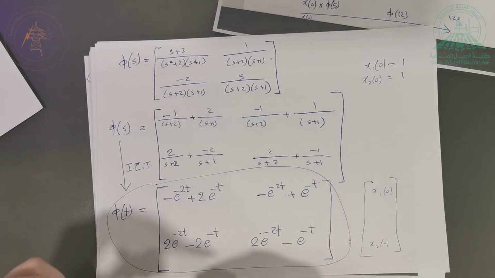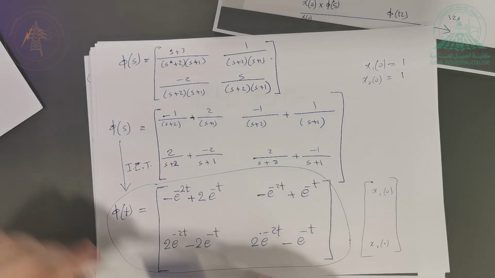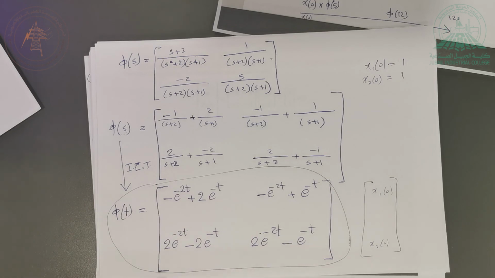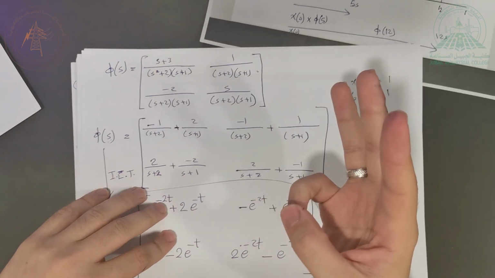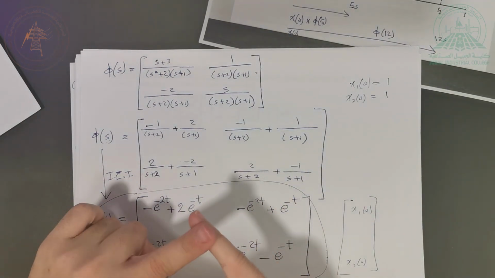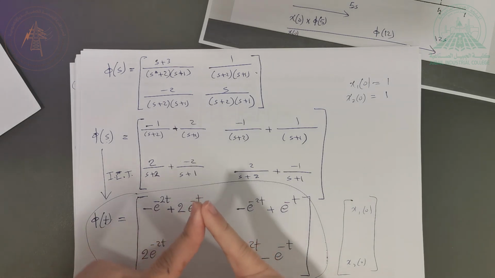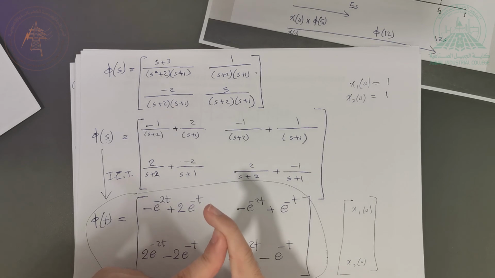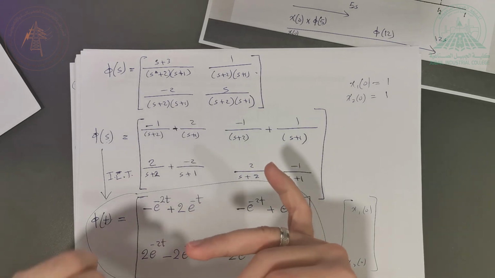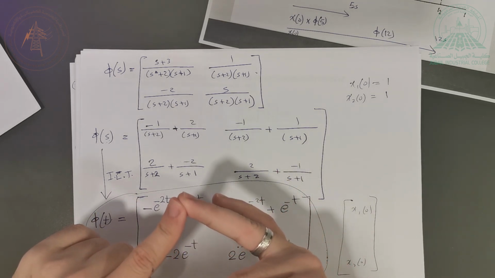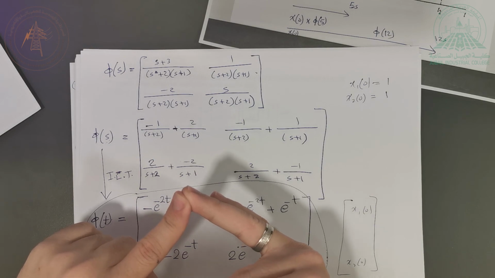Okay, so what did we learn in this lecture? We learned three operations. We learned if I have the differential equation of the system, how do I get the system state representation, the A, B, C, D matrices? If I know the transfer function of the system, how do I get the A, B, C, D matrices?